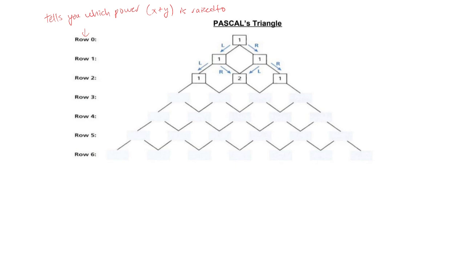Right, so row 0 would be x plus y to the 0 power, which means it's equal to 1. And, right, it tells us what our coefficients are. Okay, so Pascal's triangle gives the coefficients for each term when expanded.